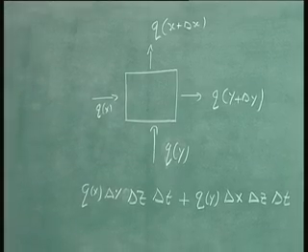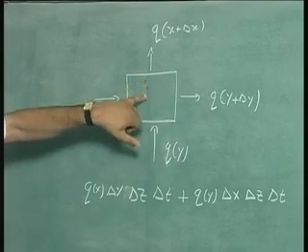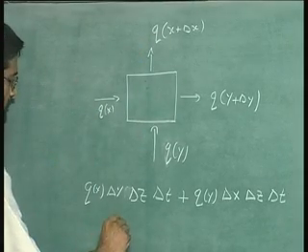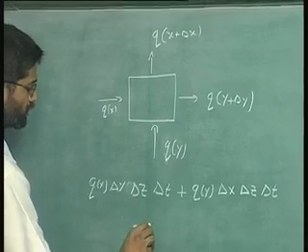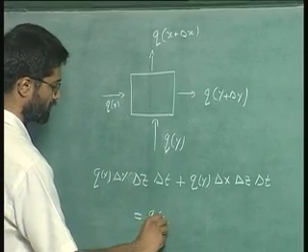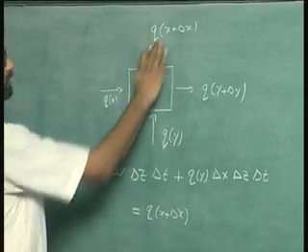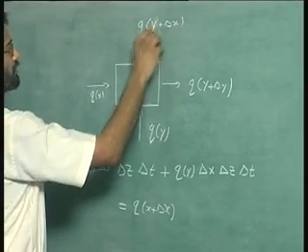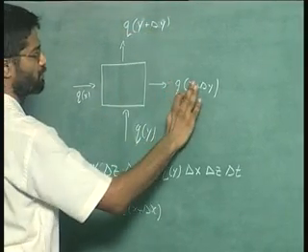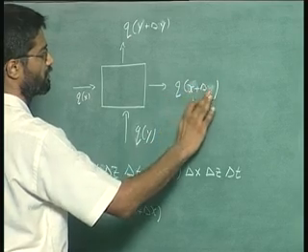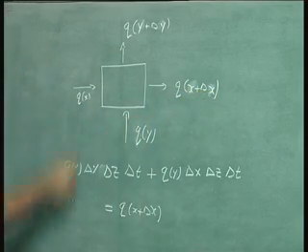So that is the net heat which is coming in, and at steady state this should be equal to what is going out. What is going out is the following: Q of x plus delta x, sorry, this is y plus delta y, and this is x plus delta x. That is our x direction and this is our y direction.